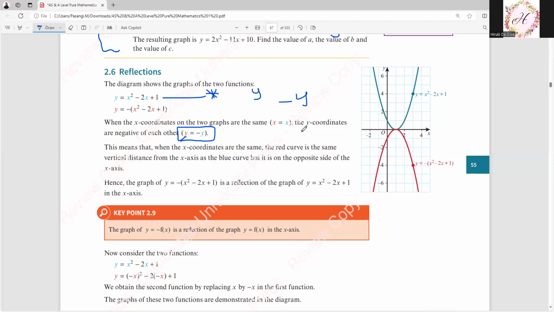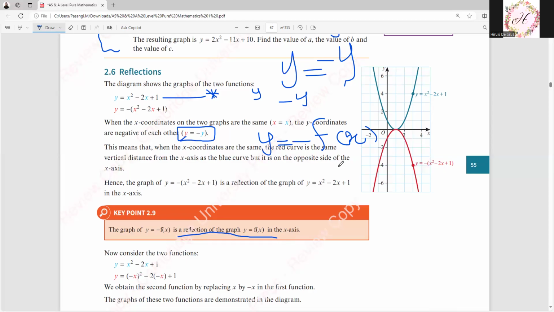For these types of functions, y is equals to minus f(x) is a reflection of the graph y is equals to f(x), because only the y values are changing.